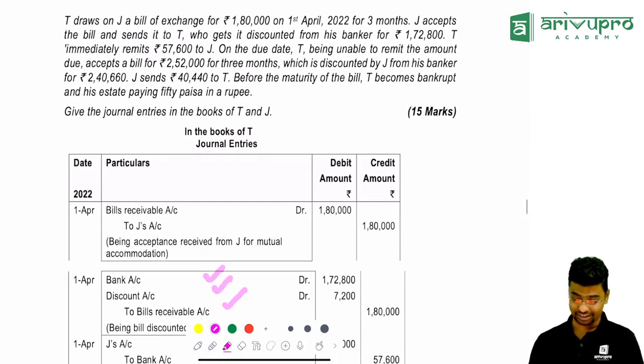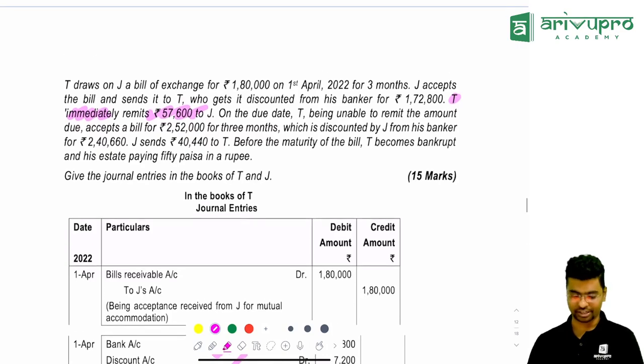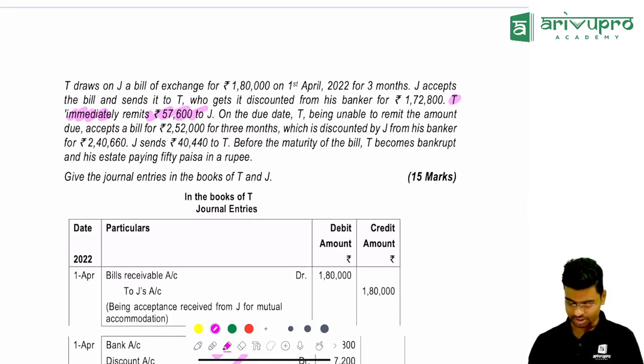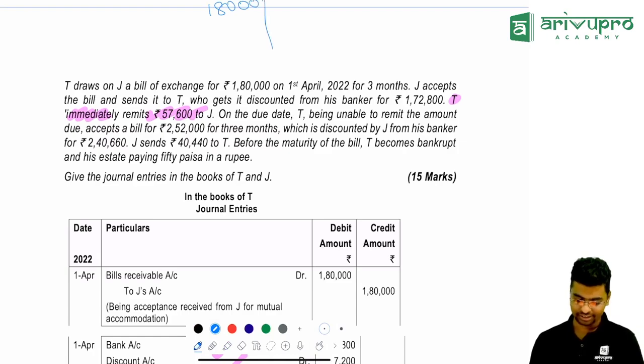Oh, sorry. T remits 57,600 to J. So again do that cross multiplication. For 1,80,000 you are receiving 1,72,800. How much is the discount? Now in this it is transferring.